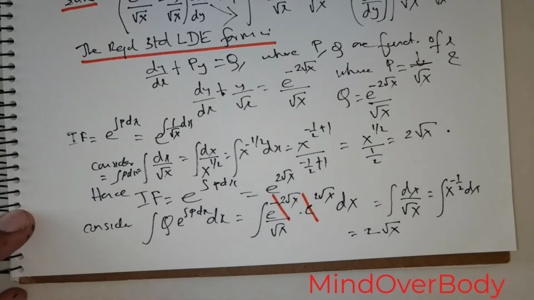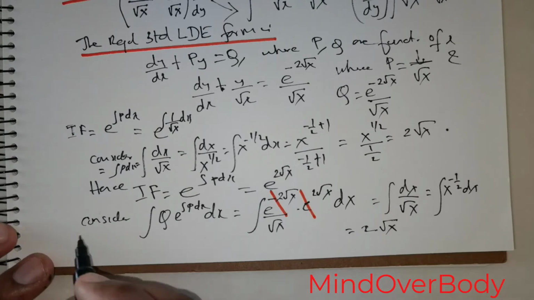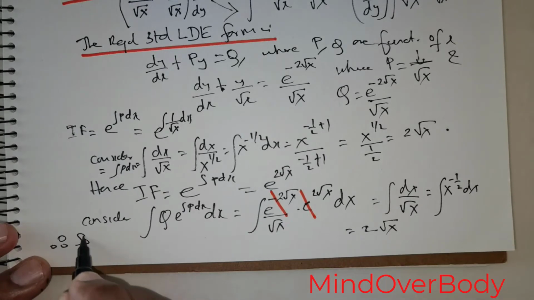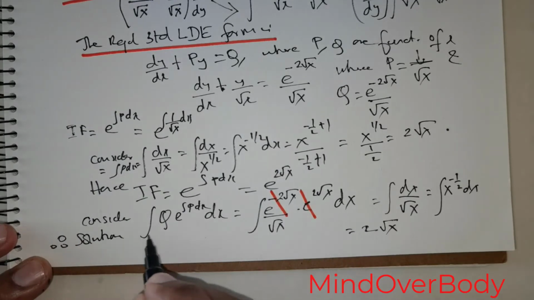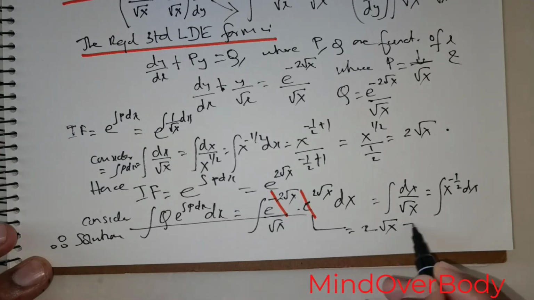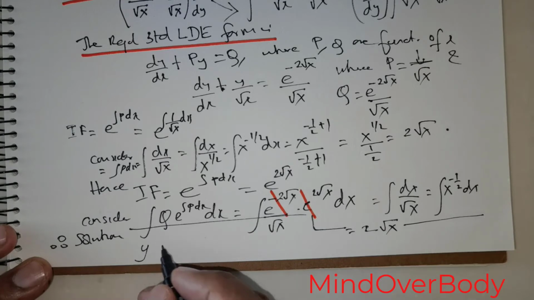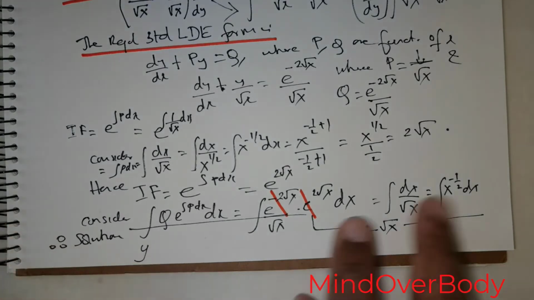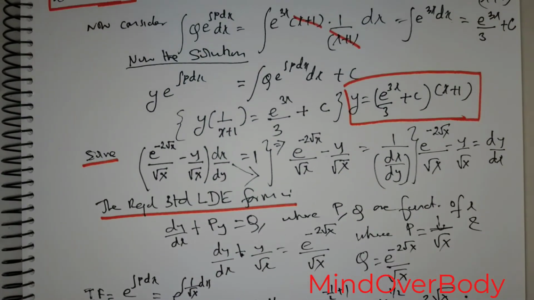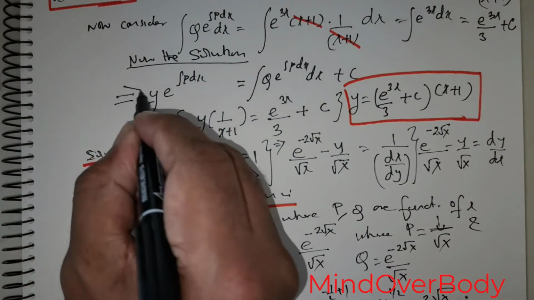So now the solution part comes. So therefore the solution, so all of these things are working. So the solution is y times e raised to the power of integral p dx. That's a solution, right? So let me show you the general solution that we are looking for.